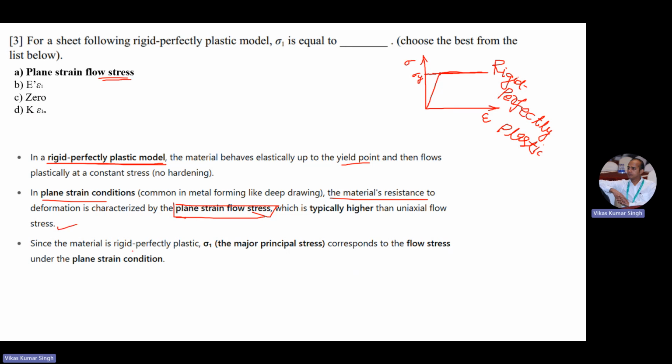Since the material is rigid, perfectly plastic, sigma 1 is the major principal stress, corresponding to the flow stress under plane strain condition. So it is equal to the plane strain flow stress. All three statements connect here. I hope this is clear.